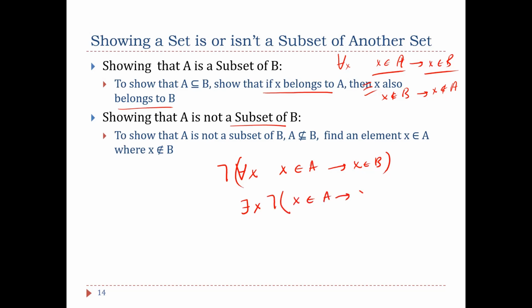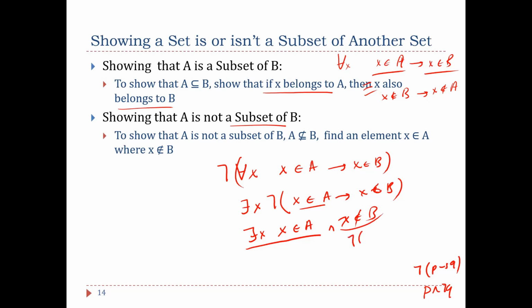Remember, not (P implies Q) is P and not Q. So we should show one element that belongs to A and does not belong to B.